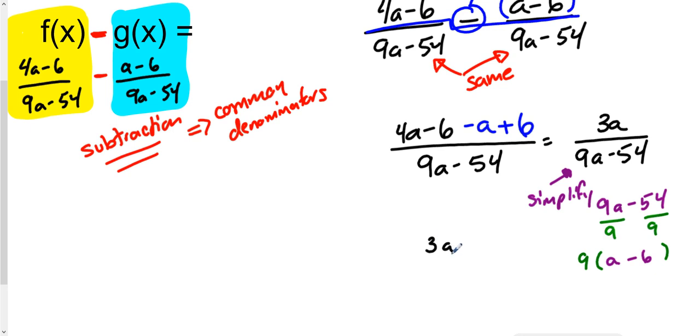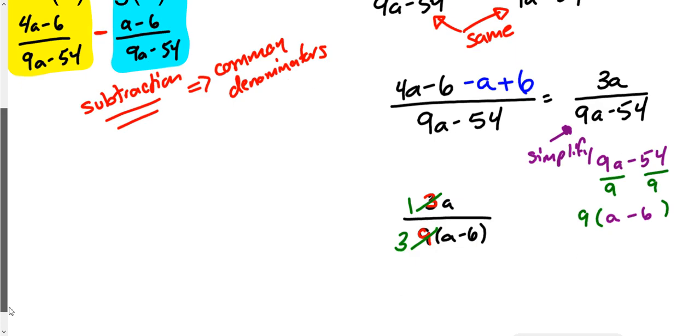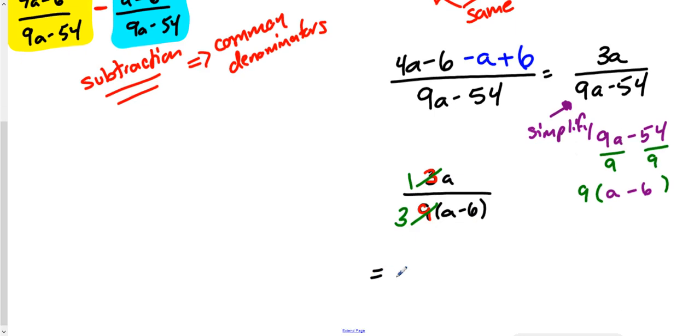So I have 3a over 9 times a minus 6. I did this because now I have 3 and 9, and 3 and 9 can simplify. They're both divisible by 3. 3 divided by 3 is 1. 9 divided by 3 is 3. So now I have my most simplified answer of a over 3 times a minus 6.